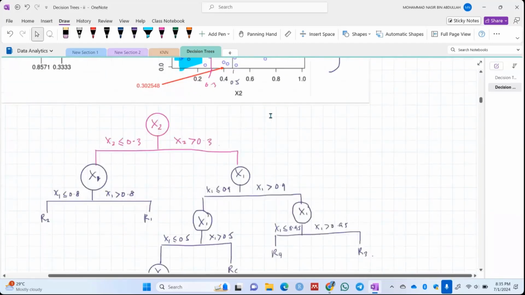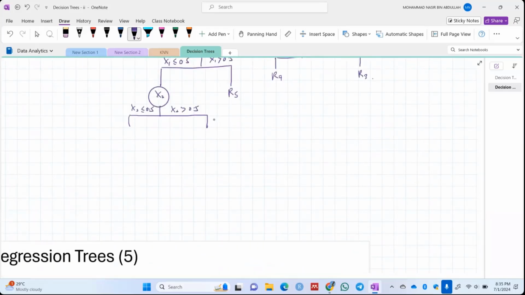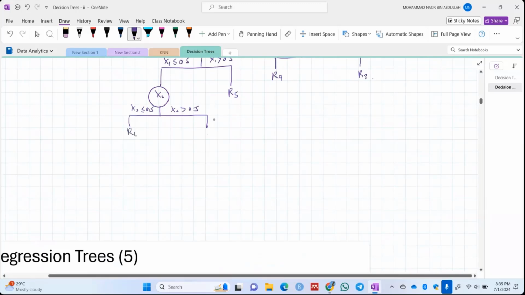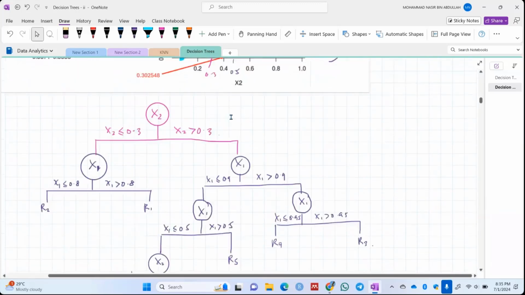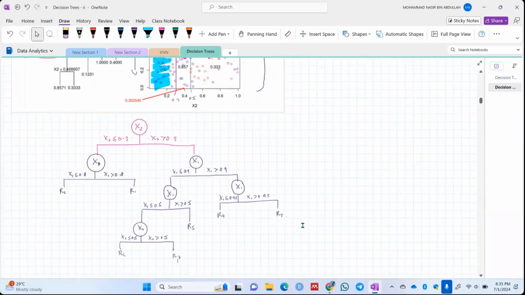So more than 0.5 is region number 7, less than 0.5 is region number 6.